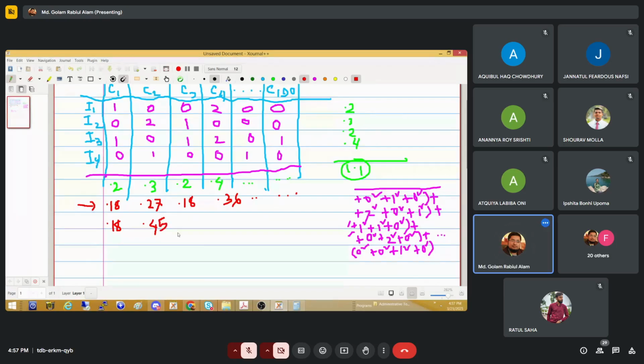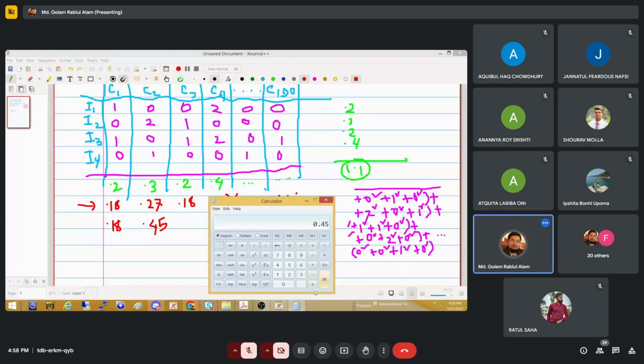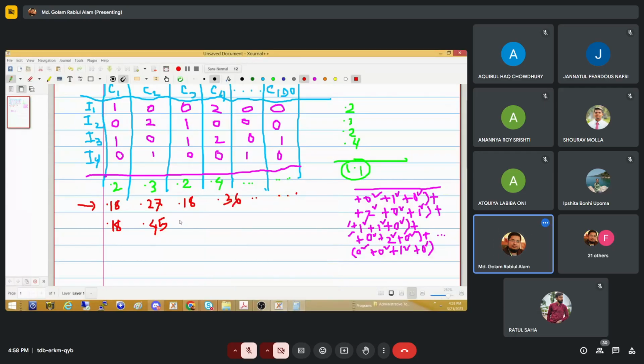Then we add 0.18 after 0.45, so 0.45 plus 0.18 gives the cumulative probability 0.63.